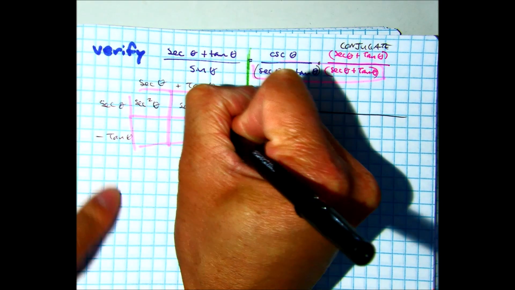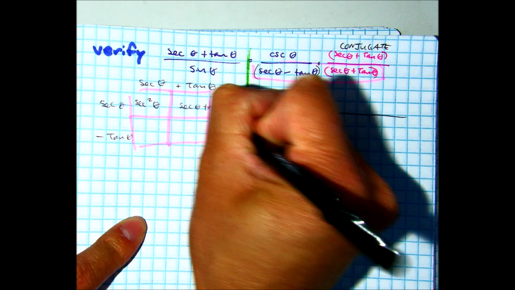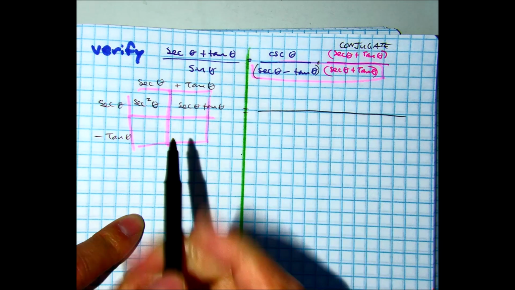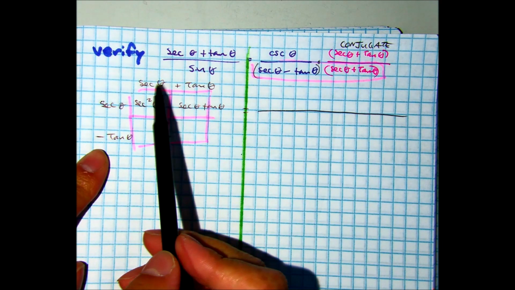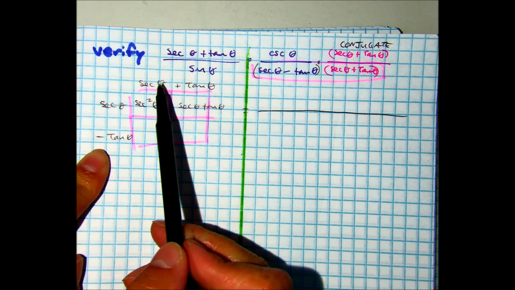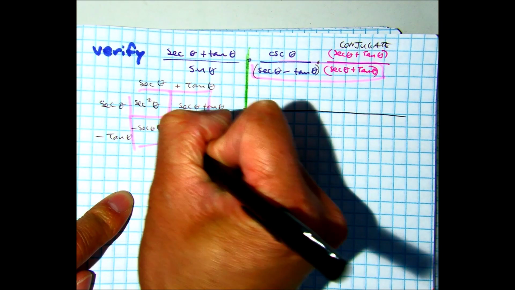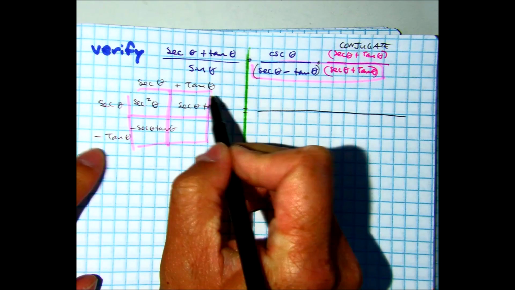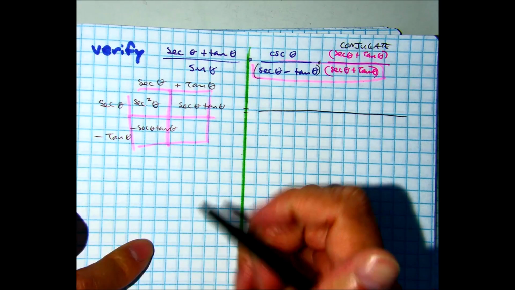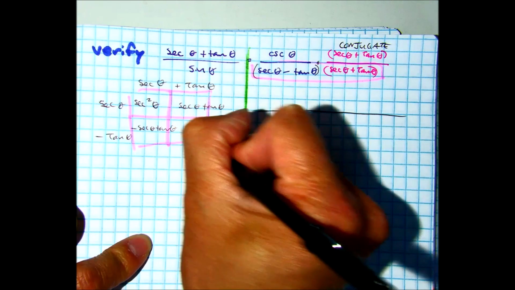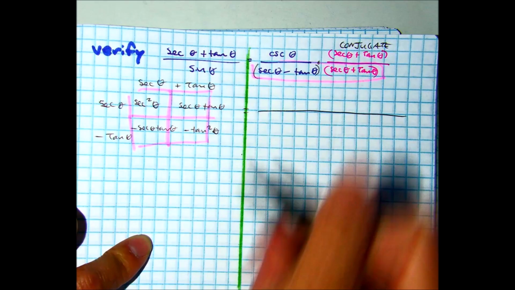Yeah, whatever you pick, just be consistent. So if you put secant first, then keep putting secant first. Mariana, negative tangent times secant. Yep. And Mariana, negative tangent times positive tangent. Thank you.